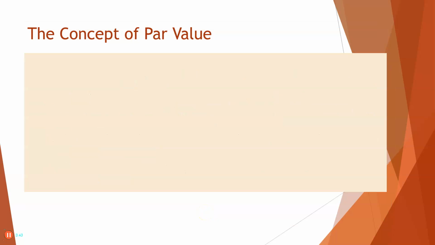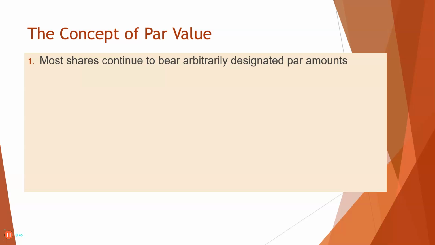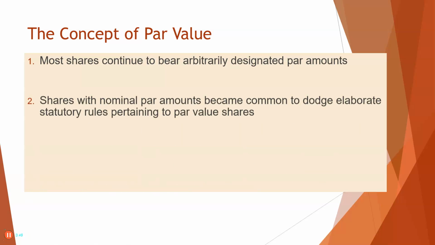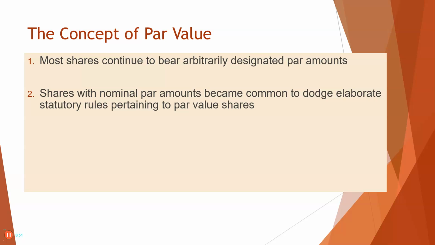Now, the concept of par value. Most shares continue to bear arbitrarily designated par amounts. Shares with nominal par amounts become common to dodge elaborate statutory rules pertaining to par value shares. One of them was that when a company issued stock, they had to retain in cash the par value of the shares to cover their debts.